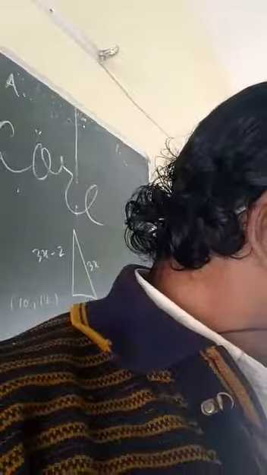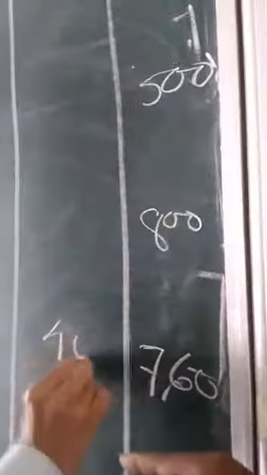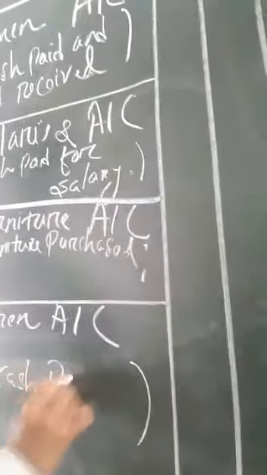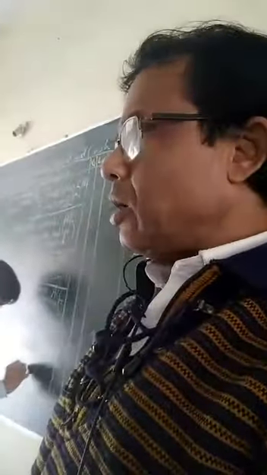In cash, you write 760. Discount 40. Being cash paid and discount received.